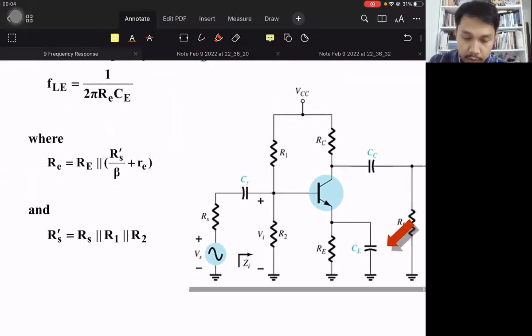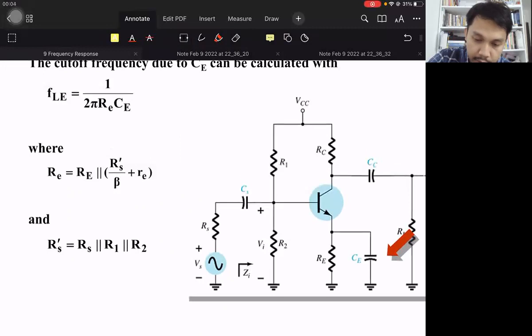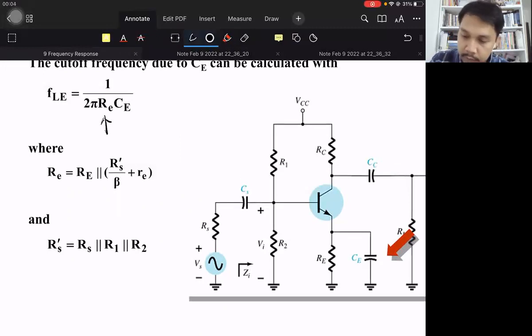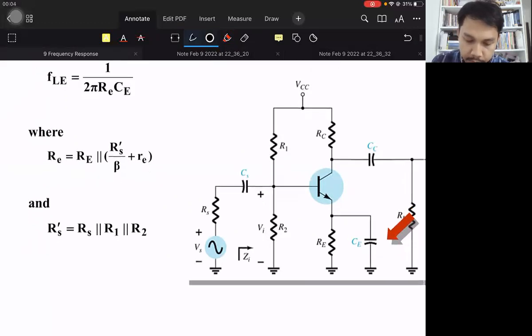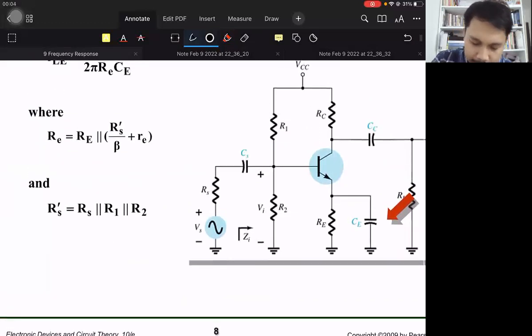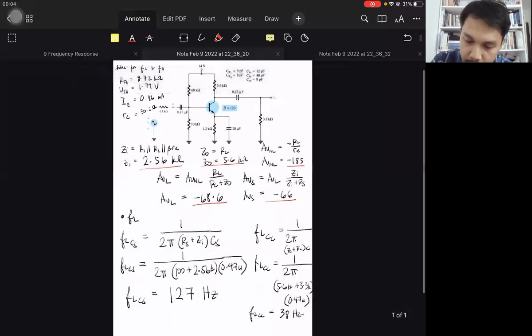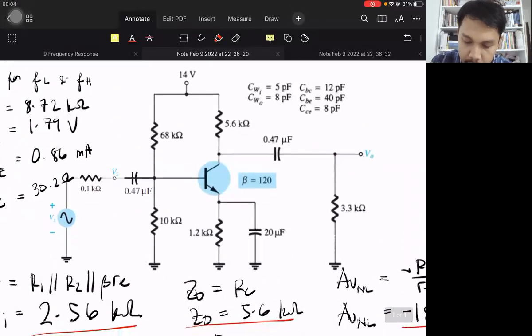So for RE, just memorize this: RS prime is RS parallel R1 parallel R2. RS is 100 ohms, 0.1, 68, and 10.